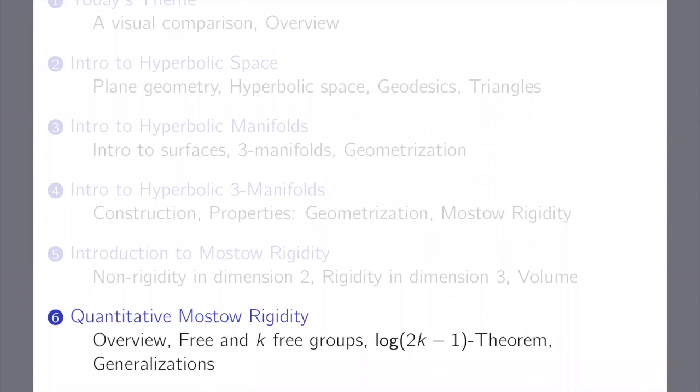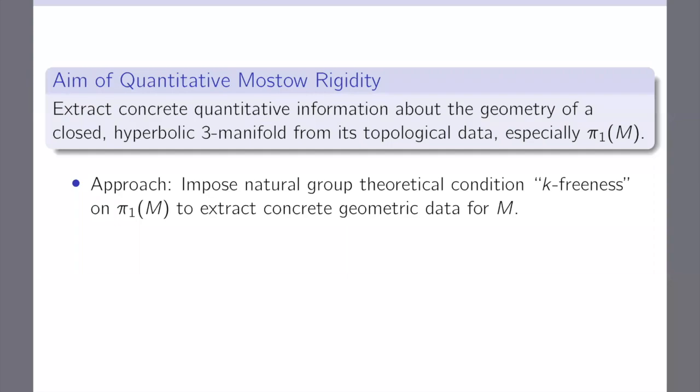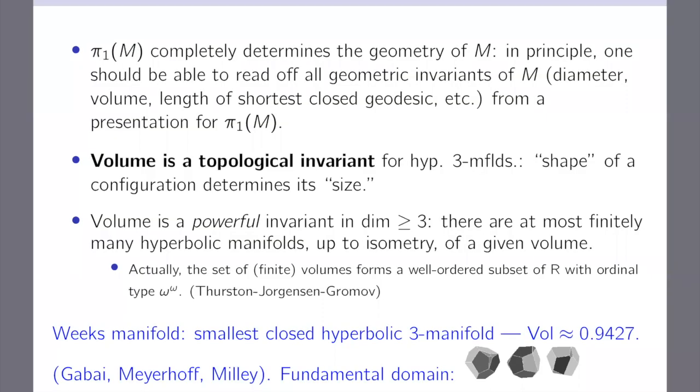Okay, so what is quantitative Mostow rigidity? The aim of quantitative Mostow rigidity is to extract concrete quantitative information about the geometry of a closed hyperbolic 3-manifold from its topological data, especially the fundamental group. The top bullet from our volume page is a reminder of why that's so useful.